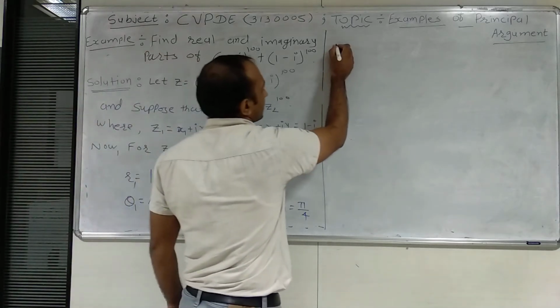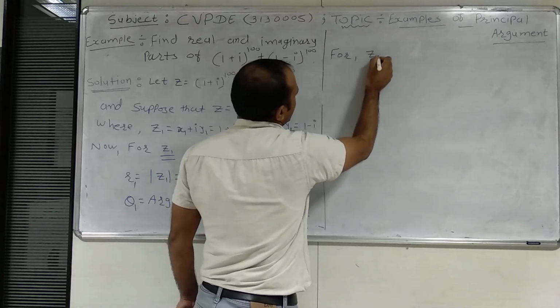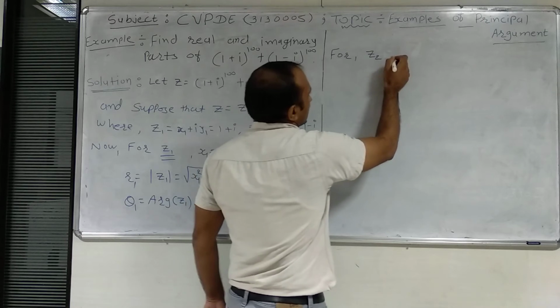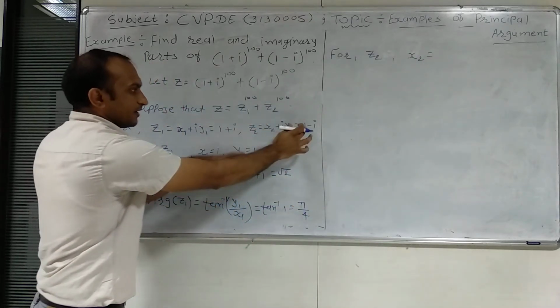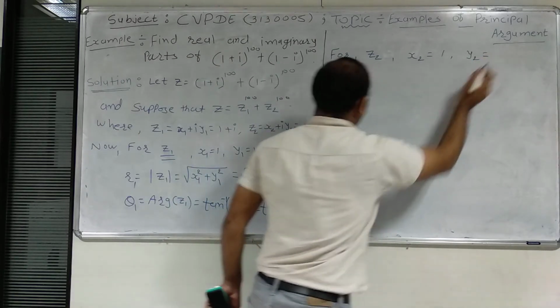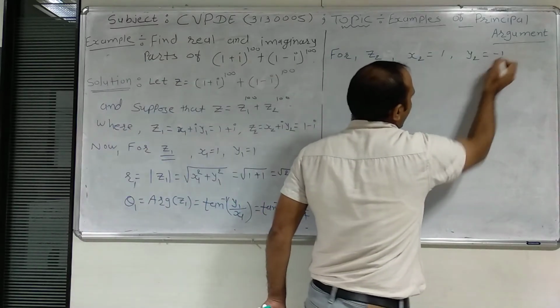Now for z2, okay, for z2, x2 is 1 and y2 is minus 1, because here minus i, so it's minus 1.